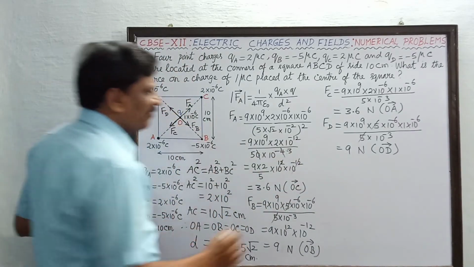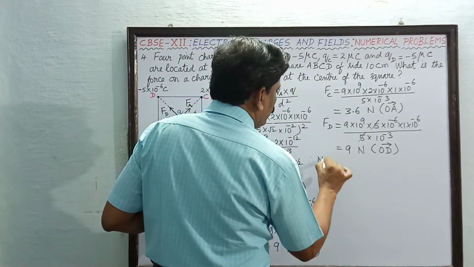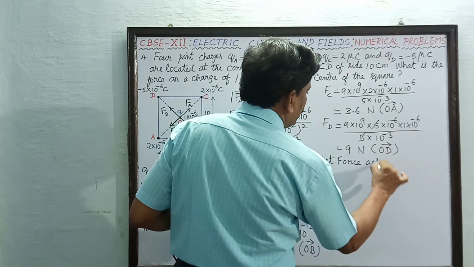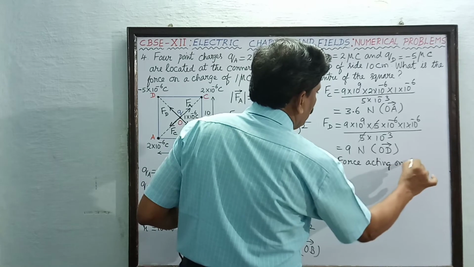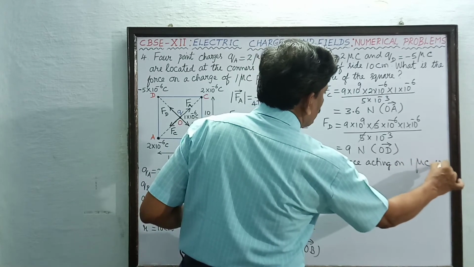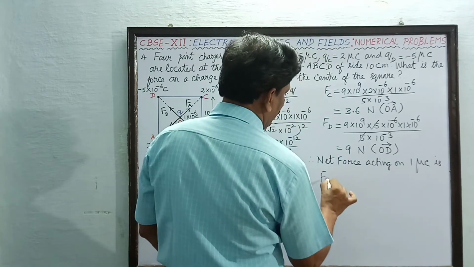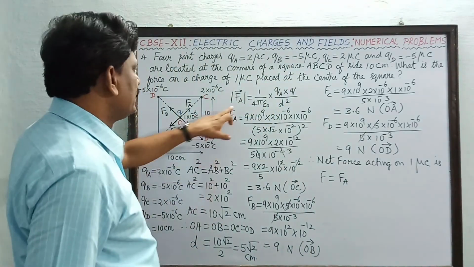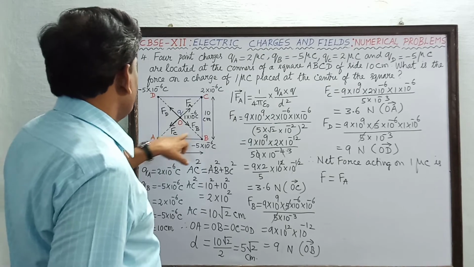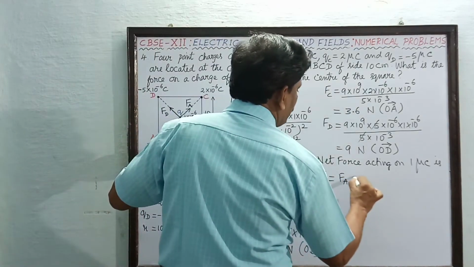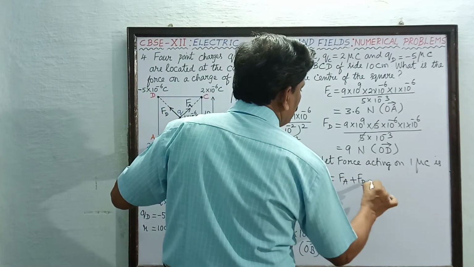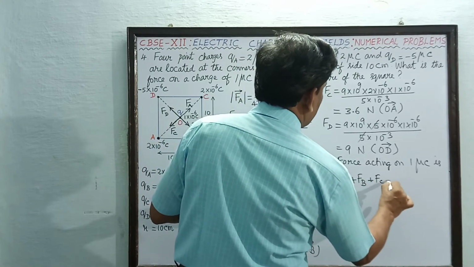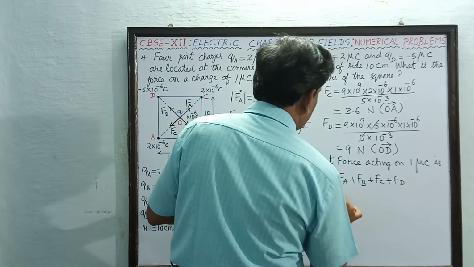So therefore net force acting on 1 microcoulomb charge is F is equal to FA plus FB plus FC plus FD.